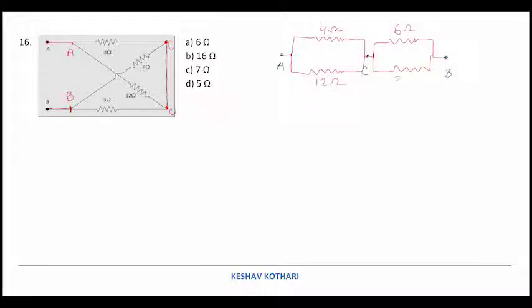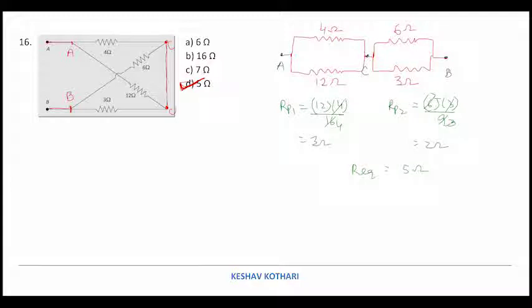So this can be drawn as an equivalent resistance diagram. Over here I say that Rp1 is equal to R1 R2 upon R1 plus R2, that is 3 ohm, and then we calculate Rp2 as R1 R2 upon R1 plus R2, that is 2 ohm. So the effective value of resistance is going to become 5 ohm, because both these combinations are in series. So for this problem, option D is correct.